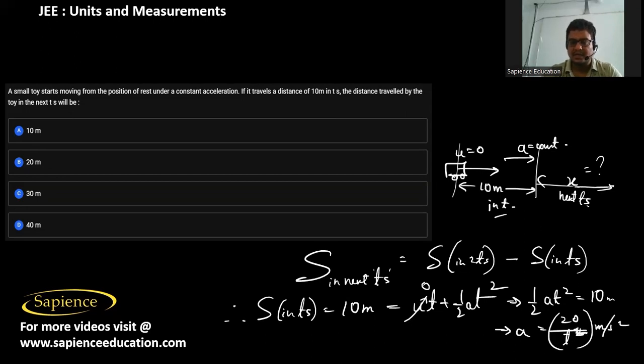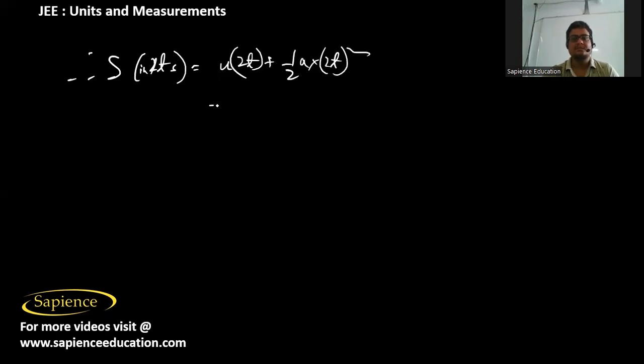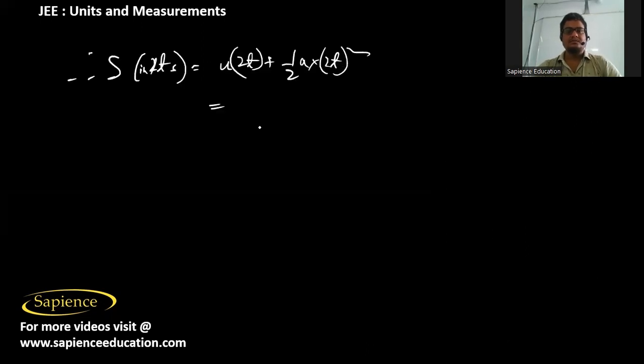So this is the acceleration. Now the displacement in 2t seconds will be equal to u into 2t plus half a into 2t whole square. Now u is 0 only, since it starts from the position of rest.